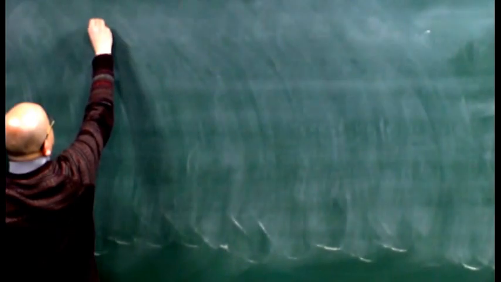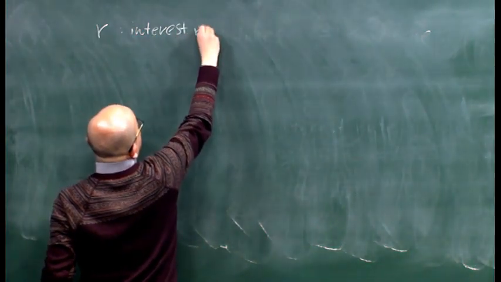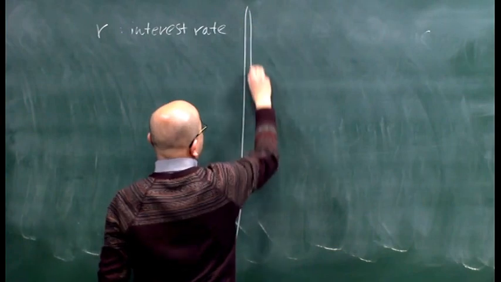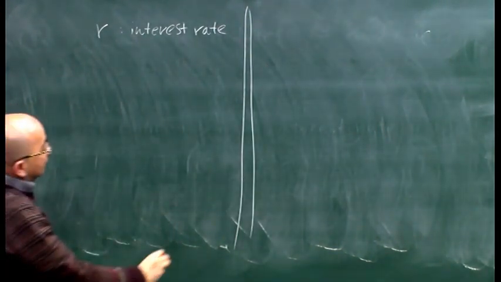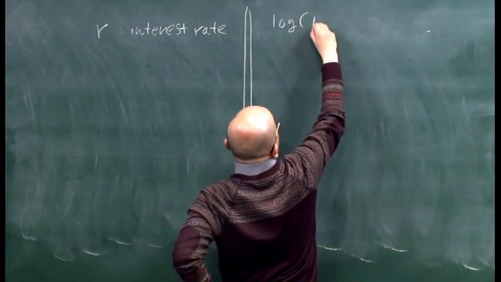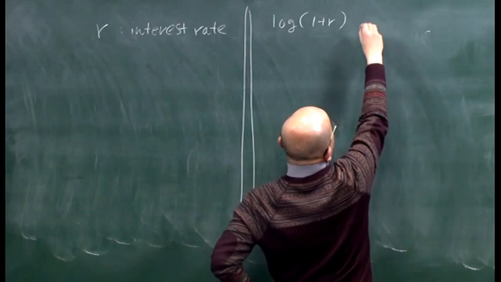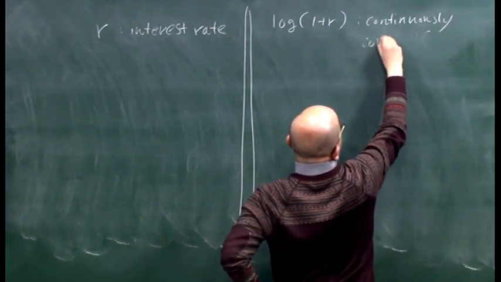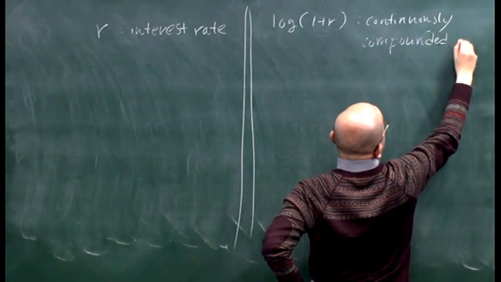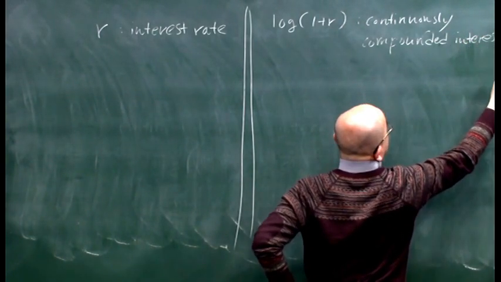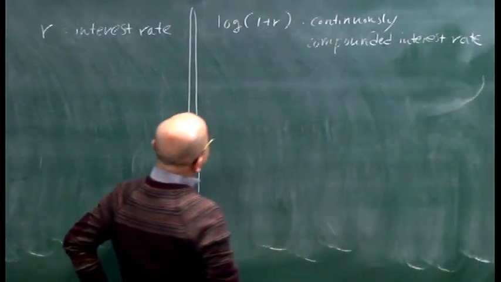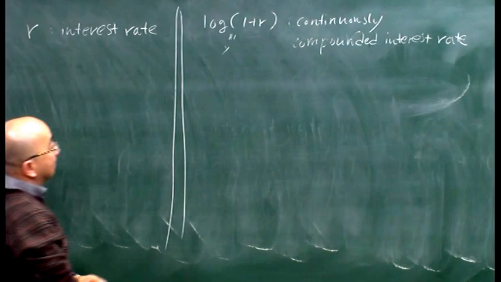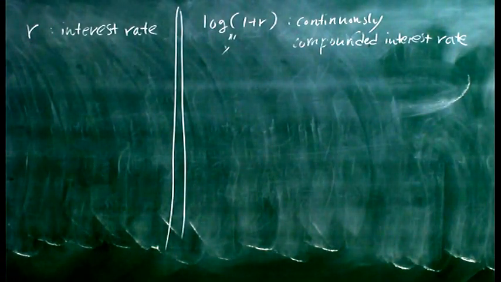So I'll write down here again. R is the interest rate, and log of 1 plus R, I'll call it X. Consider this example.